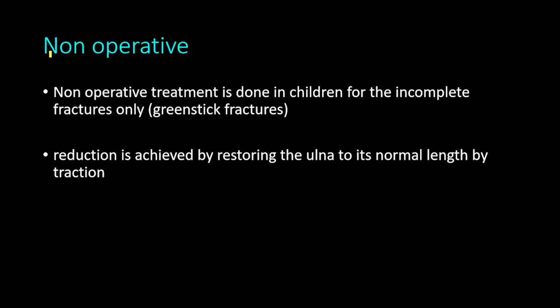So regarding the non-operative treatment, it is done in children for the incomplete fractures only, so for the greenstick fractures only. Those fractures are reduced by restoring the ulna to its normal length by traction. And when the ulna is restored to its normal length, the radial head would relocate on its own.